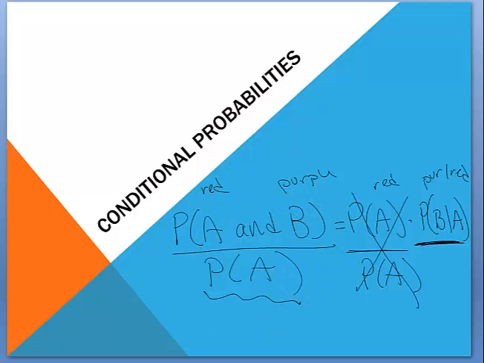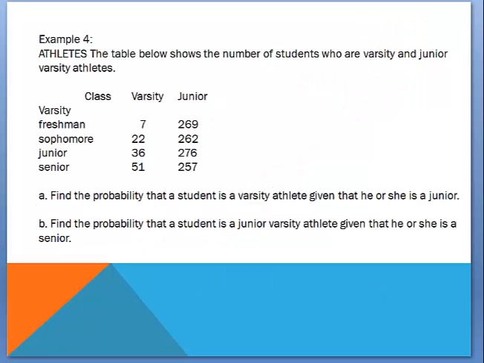So here's an example. Example 4. We have a table that shows the number of varsity and junior athletes, and there is a table that's given to us. Find the probability that a student is a varsity athlete given that he or she is a junior.